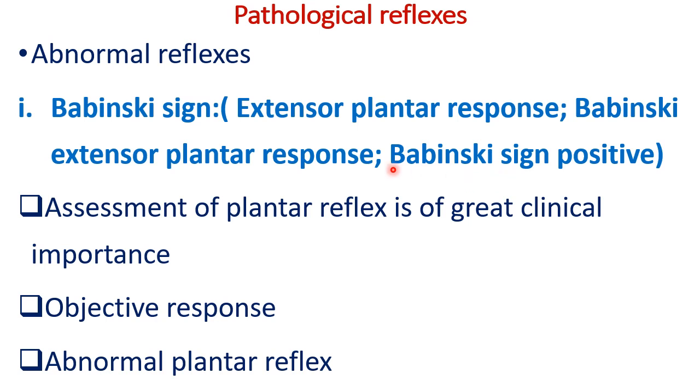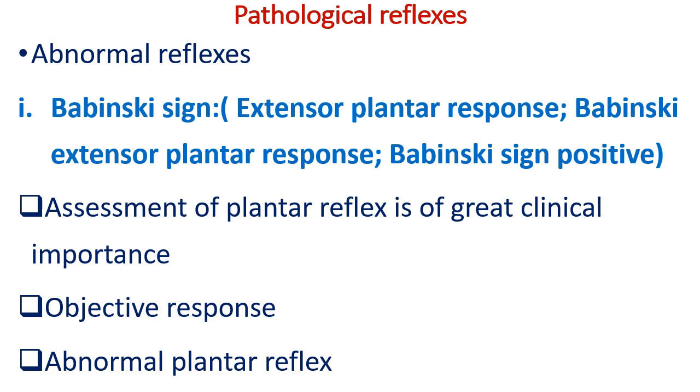Why do we call it a Babinski? Because Babinski was the scientist, the physiologist, who first detected this, and the name Babinski sign was given. Babinski sign is very important because assessment of the plantar reflex is of great clinical importance.